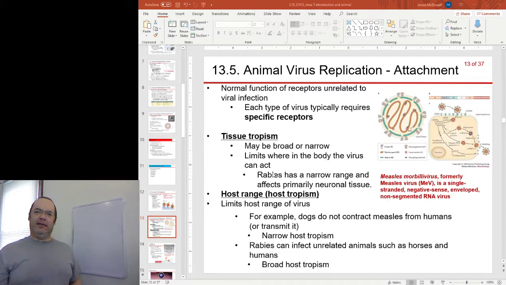If a virus can attach to a receptor, and that receptor is shared amongst a variety of different cell tissues, then the virus can attack many different kinds of cell tissues. That is known as tissue tropism, which may be broad or narrow. This limits where the virus can attack inside the body. Rabies, for example, has a narrow range. It only really affects neuronal tissue, neurons.